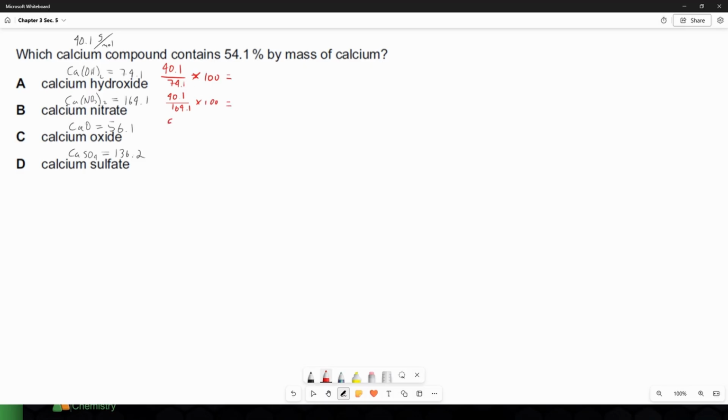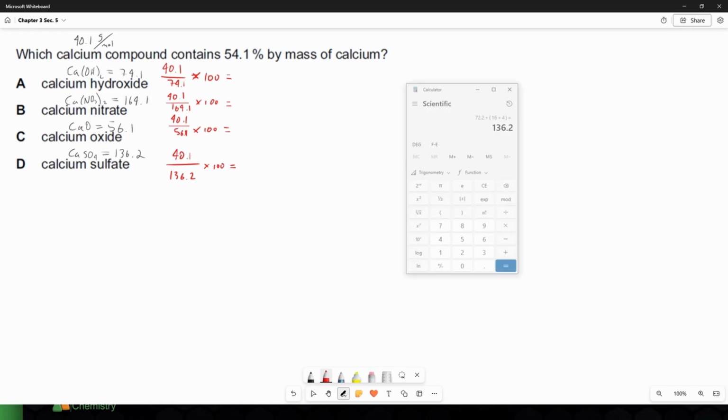This will be 40.1 divided by 56.1 times 100. And this will be 40.1 divided by 136.2 times 100. So whichever one of these gives us 54.1, that's our right answer.